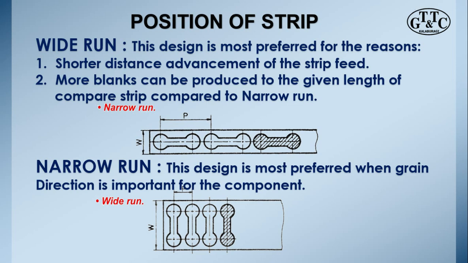And then in the narrow run, the same component, if it is placed in a narrow run, we see it here on the screen. This is a wide run layout, and then this is a narrow run layout.